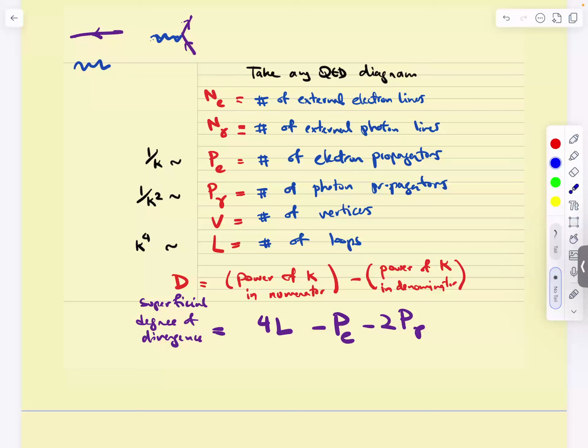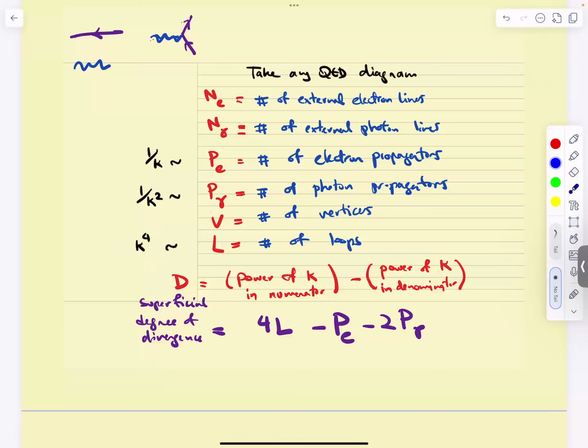Because the propagator for a fermion is the inverse of p-slash minus m, and that's one power of k down. For a photon, it's 1 over k squared because the photon is spin 1. And every time you have a loop integral in 4 dimensions, you have to integrate over the 4-momentum, which gives you 4 powers of k.